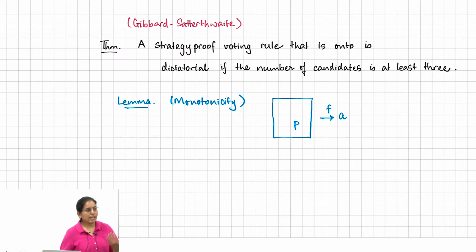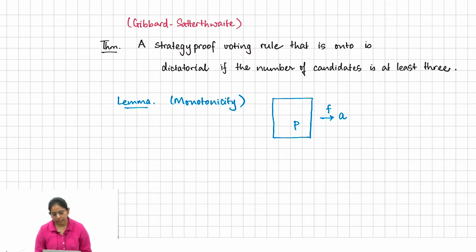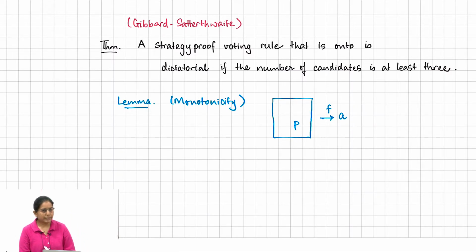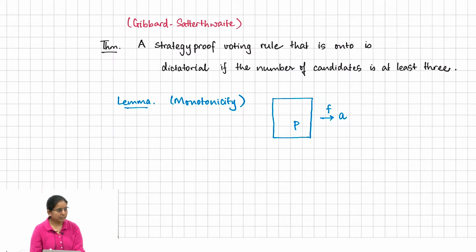We want to look at the class of strategy proof and onto mechanisms and, just like before, shrink that class to the dictatorships. We want to say that there is nothing else that can manage. So if F is strategy proof and onto, then if you go from a profile P to a profile Q where A's position either stays the same or improves for any voter, so A is winning currently and A only gets promoted or stays the same in the new profile, then A continues to win. That's what we want to say.